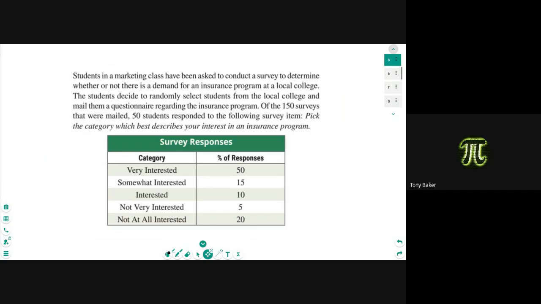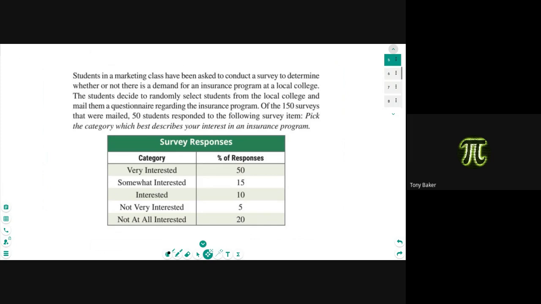So is it random? Who's filling out the survey? If you look at it, 65% of the people that mailed it back were interested. But only a third of the people actually filled out the survey.